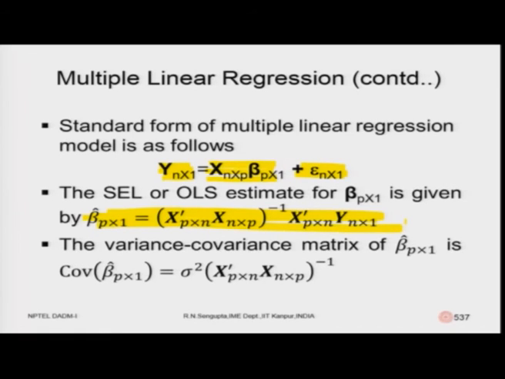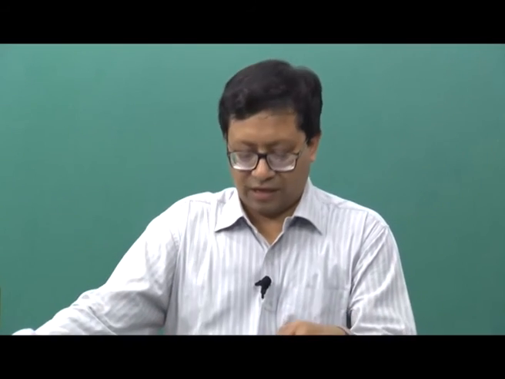What you do is find the errors, square them up, sum them up, differentiate with respect to the betas, partial differentiation, and put them individually to 0. As you put them to 0, find beta 1 hat, beta 2 hat, beta 3 hat, all these things in the vector form, as I have highlighted.